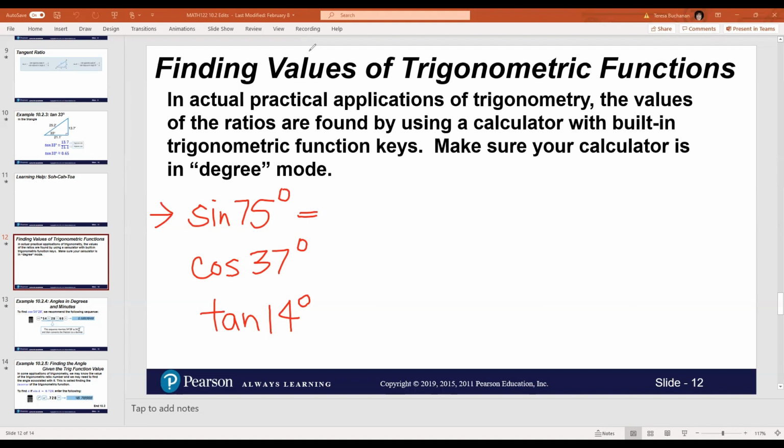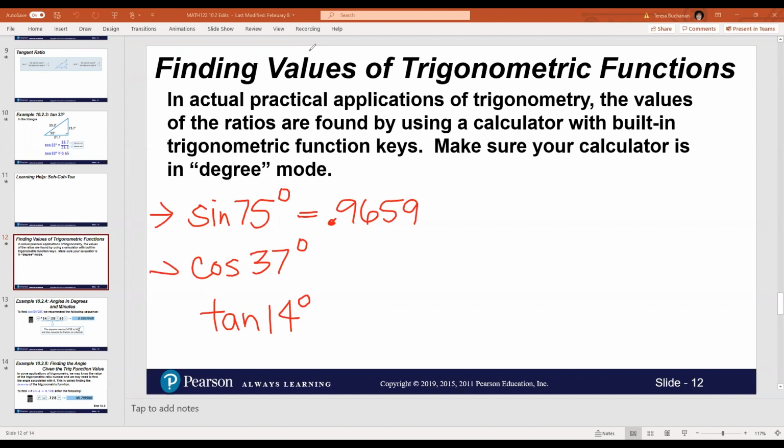So when we check sine of 75, again, if you get something that gives you the exact value and it looks like it's got square root signs and so on in it, you can hit that toggle button that's down there by your enter key, and that toggles back and forth between exact value and approximation. So it will give you the decimal approximation for those numbers. So you should be seeing 9659. Many times we use 4 decimal places to refer to these trig function values.